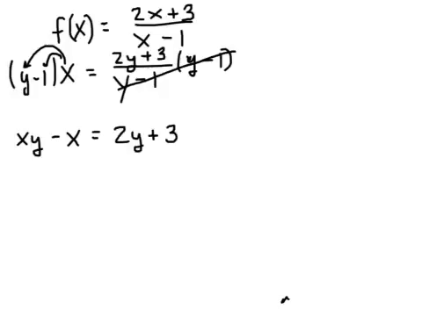Now from here, you want to solve for y, but you have y on both sides of the equation. So what needs to happen is you need to move all the y's to one side and all the x's to the other. That's what should happen for this problem. So in our particular case, I'm going to take the 2y and move it over, and I'm going to add the x to the other side.